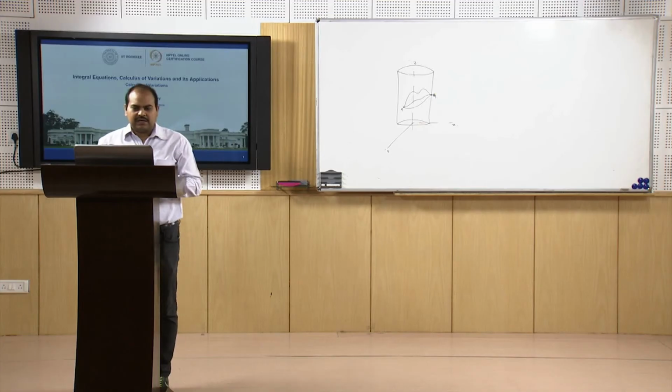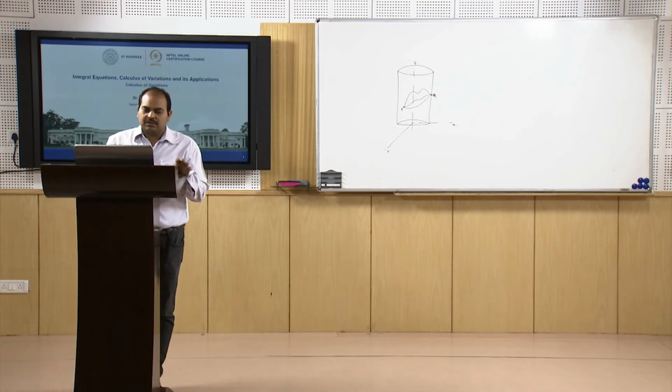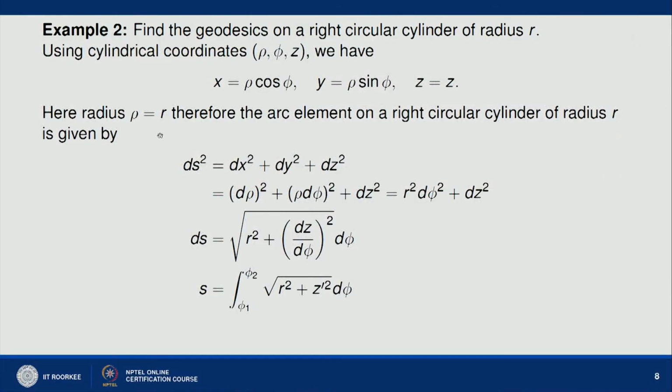So let us use cylindrical coordinates, rho, phi and z, where the x coordinate is rho cos phi, y coordinate is rho sin phi, and z is equal to z. So any point on your cylinder with radius r is given by r cos phi, r sin phi and z.